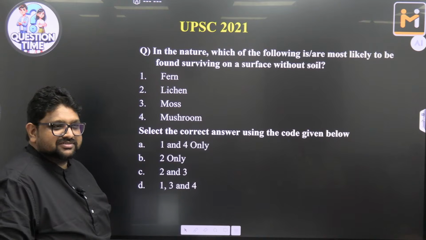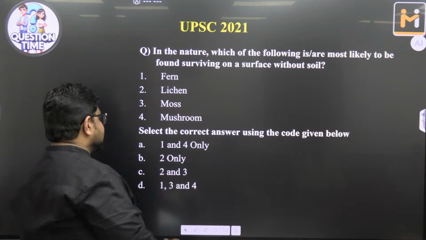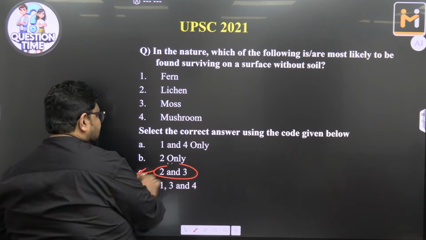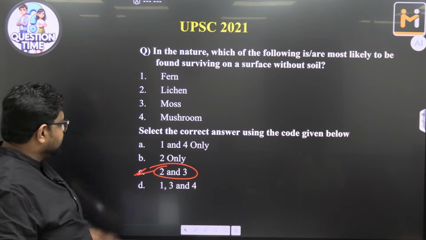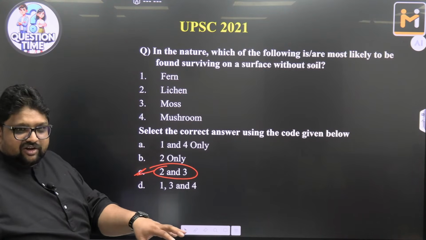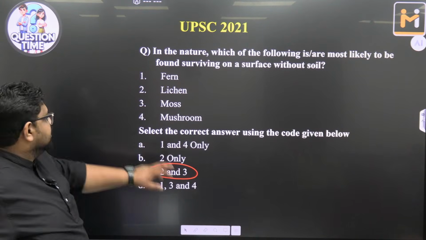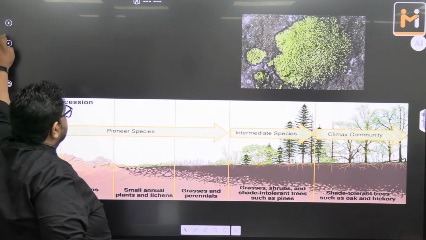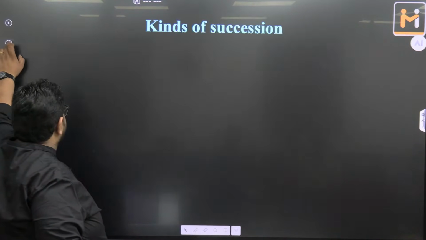D? 1, 3 and 4. So the answer is C. Only mosses and lichens can grow without soil. Even mushroom needs some kind of dead organic matter, which is nothing but soil, and ferns also need soil. So except these two, the others don't do that. Okay.